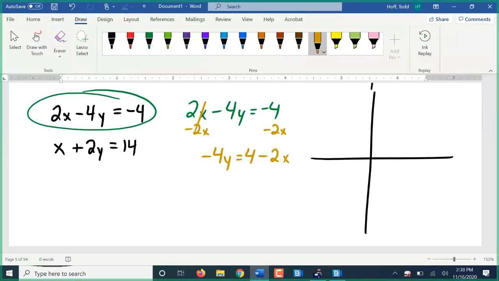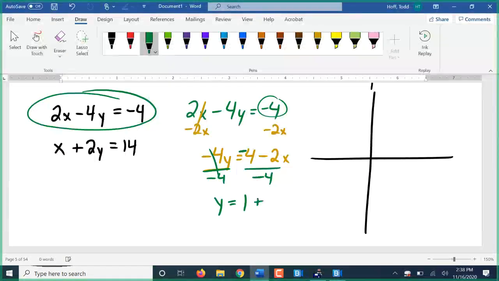And we'll divide by negative 4. So negative 4y divided by negative 4 is just y. 4, oops, that should be a negative 4 there. Sorry, I dropped my negative accidentally. That was a negative 4. Negative 4 divided by negative 4 is a positive 1. Negative 2x divided by negative 4 is a positive 1/2 x.